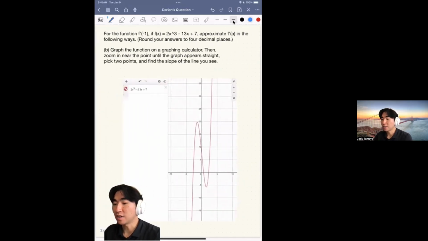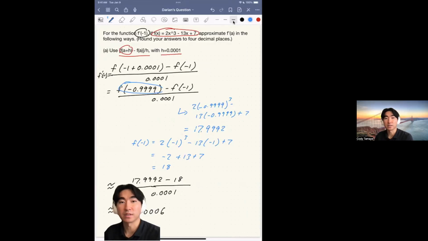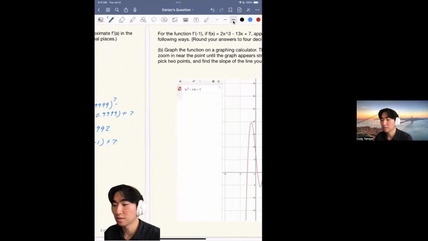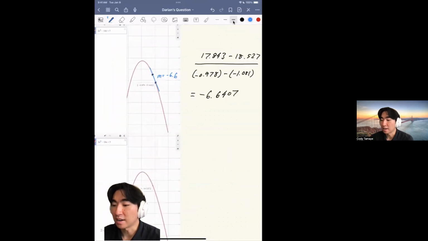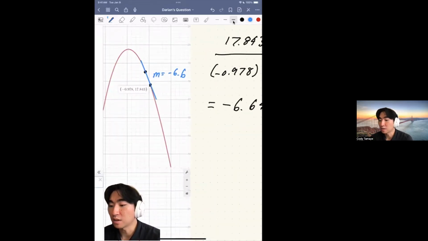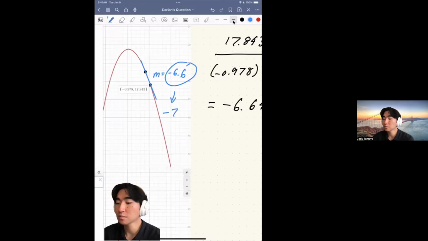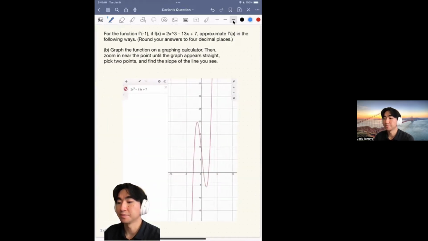And this is actually very close to the value that we got previously, negative 7.0006. That means that if we chose any point closer to -1, this value would eventually approach that value of -7 that we got previously.